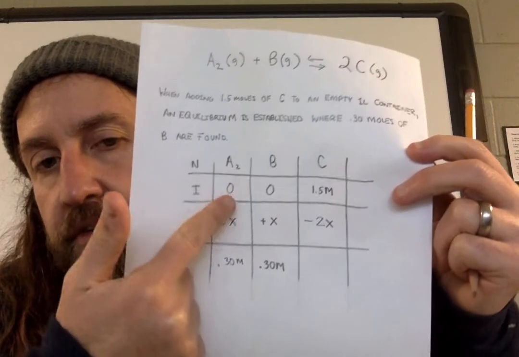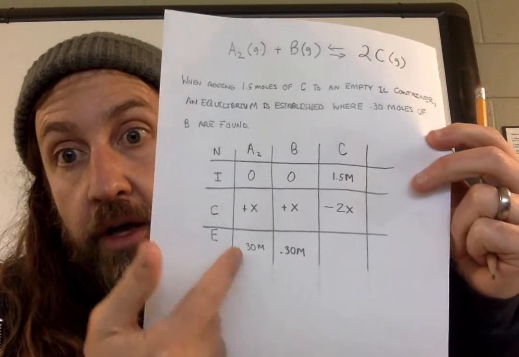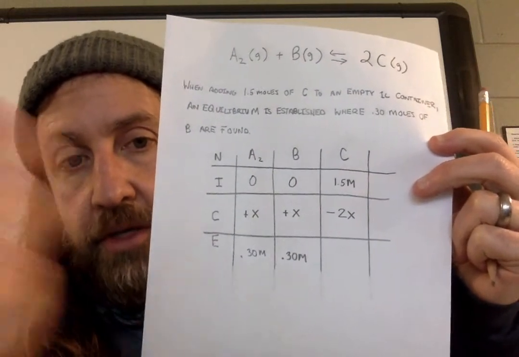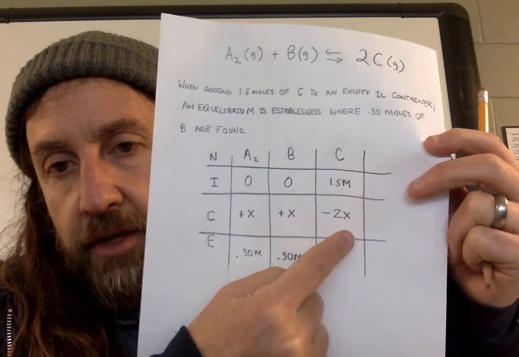And then we just have to solve for X. Now obviously 0 plus X is 0.3, so X would have to be 0.3. And so here 2 times X would be 2 times 0.30. And so that's going to be 0.60. So 1.5 minus 0.6.